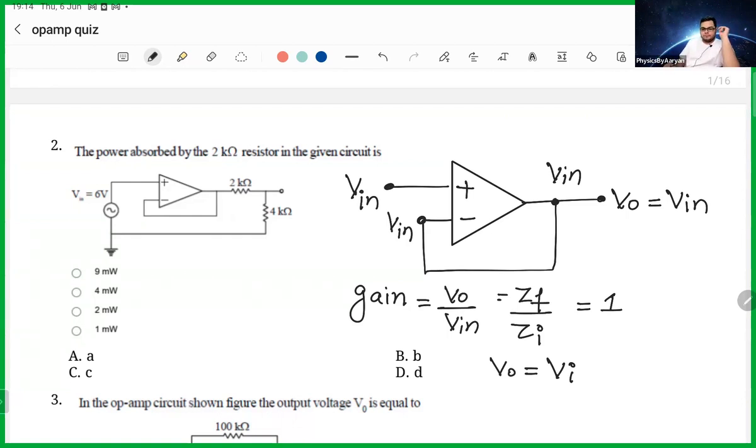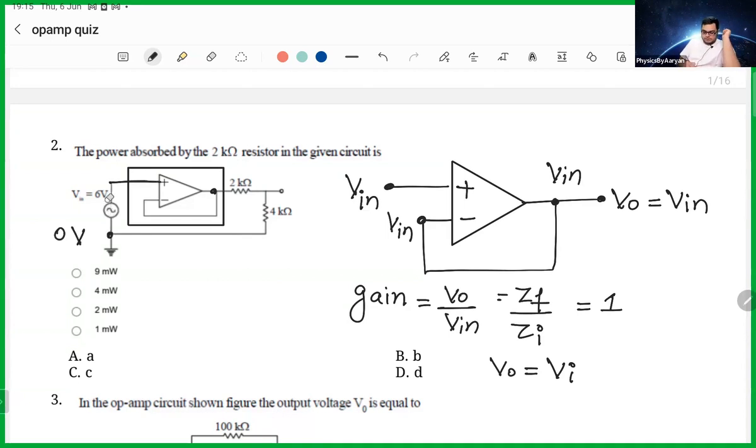Now, in this question, we have to be very, very careful in this situation. First of all, what is the output of our voltage follower? So if this is my voltage follower, let me write this. If this is my voltage follower, then this thing is my output. But what is my input as such? Because my input is not only 6 volt, because you carefully see that this thing is 0 volt, this thing is 0 volt, and this is being fed in.